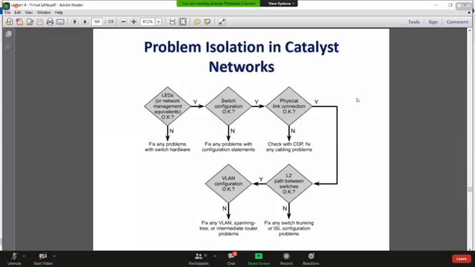So once you address those things indicated by the LEDs, every LED will be in green mode. Then you can continue with the switch configuration.